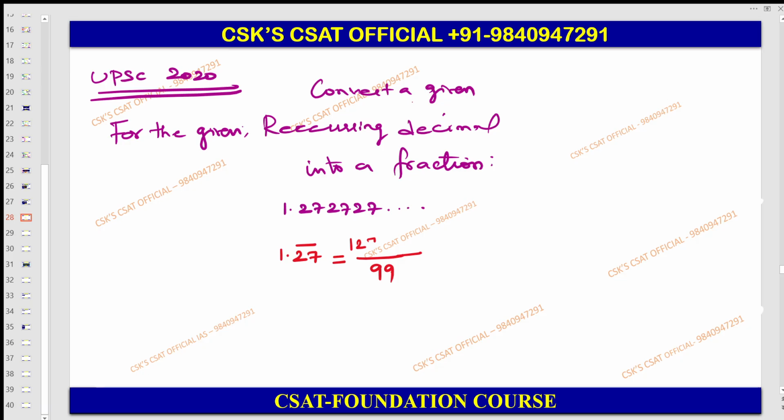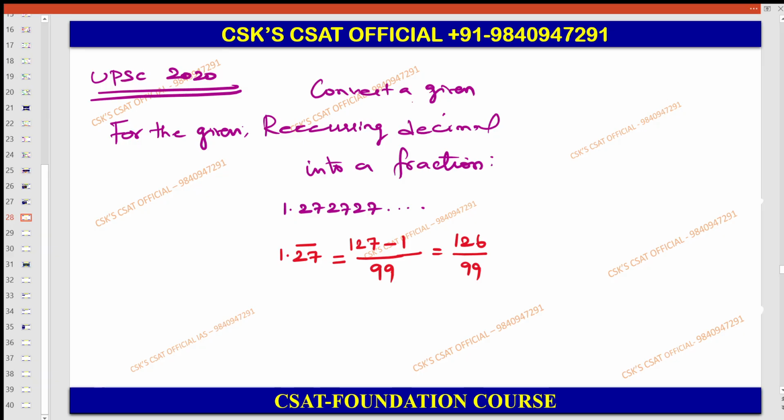In total you have to write 127 minus 1, which is nothing but 126 by 99. This option will not be there in the ABCD, because they have provided 127 by 99. I think so, isn't it?